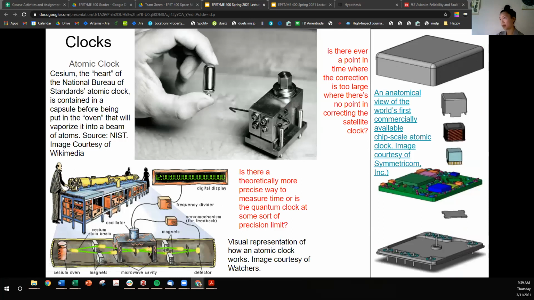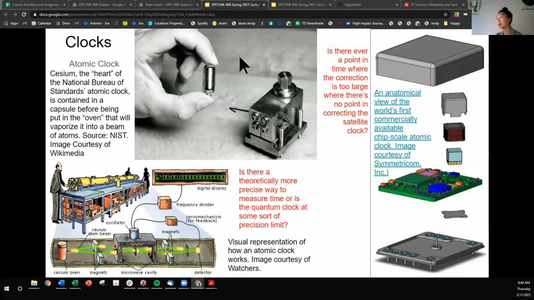Atomic clocks, on the other hand, instead of relying on some physical motion of a crystal, keep track of the radioactive decay of some materials. Specifically, cesium is a very popular material for atomic clocks.